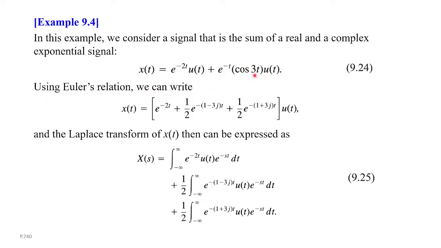Using the Euler formula, you break cosine into exponential with j something, and then exponential with minus j something. Combine with this minus t, and you get those two complex exponentials. And then you do the Laplace transform of those complex exponentials.